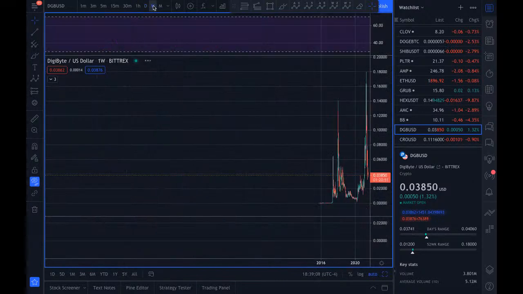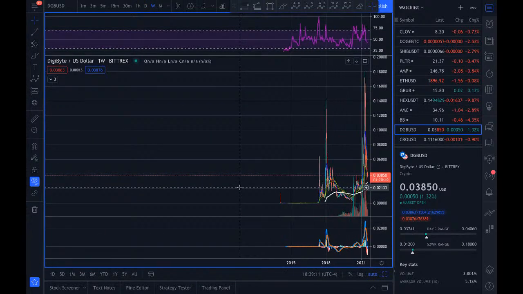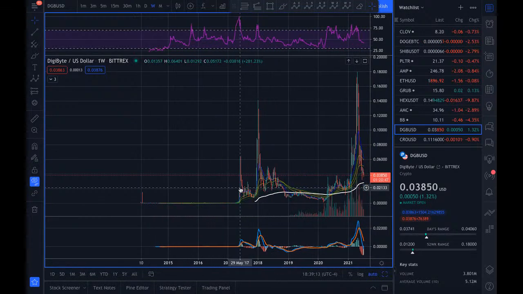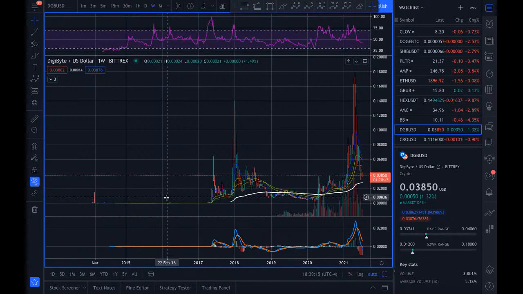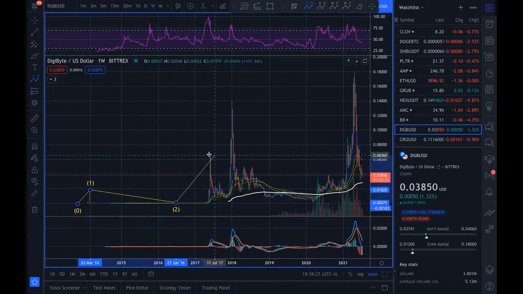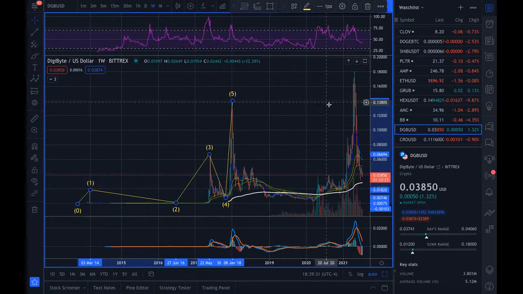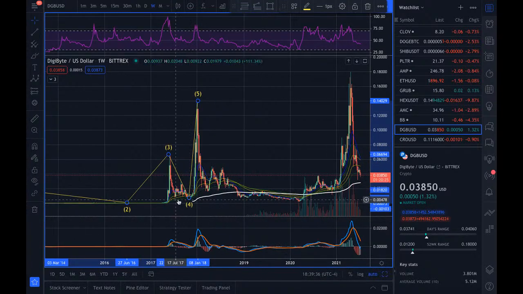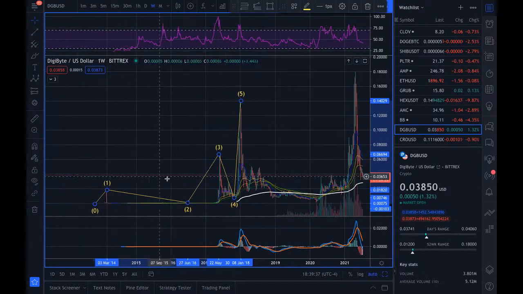Okay, so let's look at the weekly, actually. All right, so do you see anything? Right away, I see a pattern. This looks like a 5 waves up. But it's not the best 5 waves up I've ever seen.